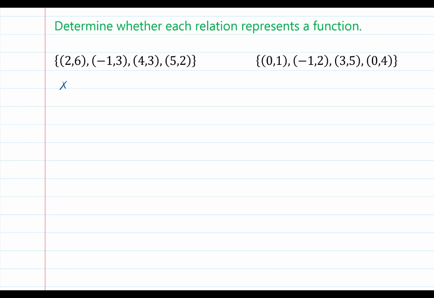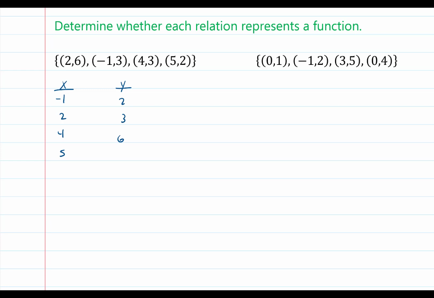So I'm going to make a list of my x values, and I'm going to make a list of my y values. I like to do this from least to greatest with my values. So I have the least, which is -1, for my x variable. Then I have 2, 4, and 5. Then I have for my y values a value of 2, 3, and 6.